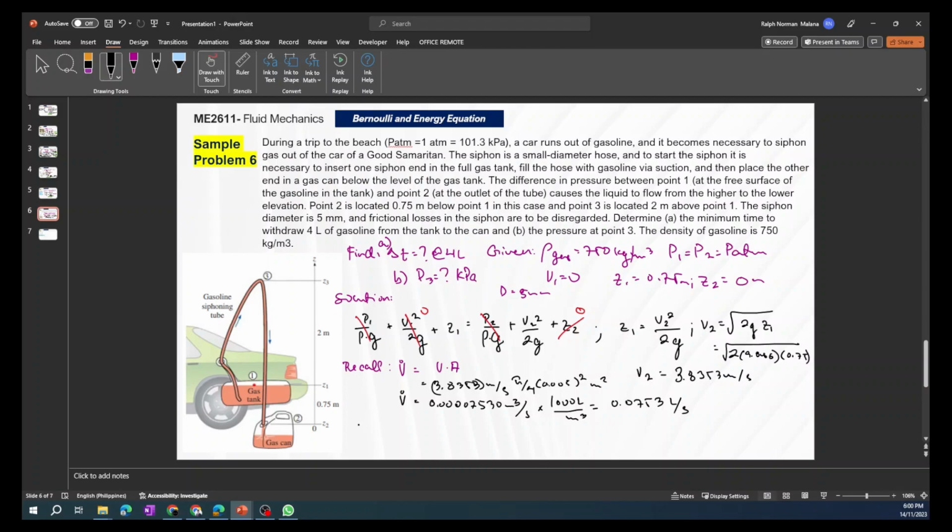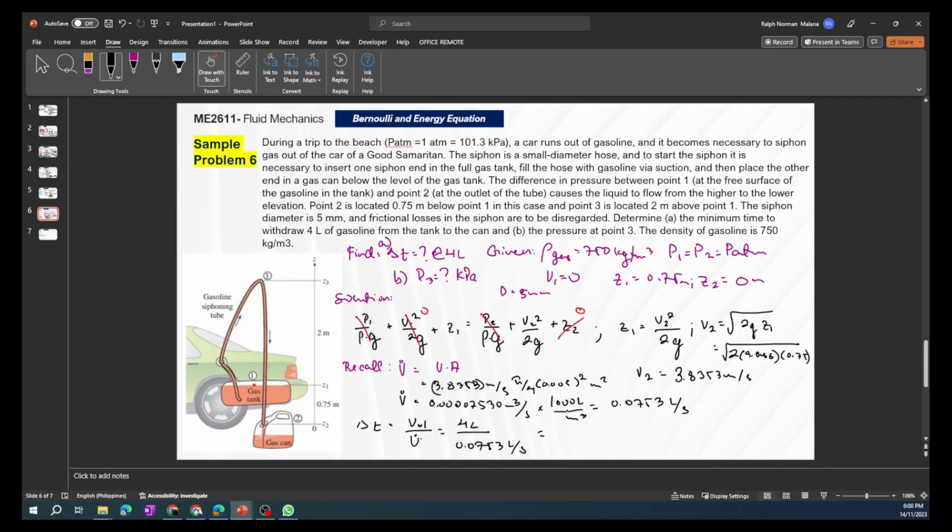So we already know our volume, which is 4 liters. To get time t, that will be volume over volume flow rate, which is simply 4 liters divided by 0.0753 liters per second.